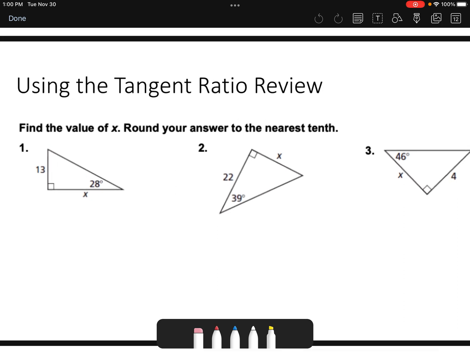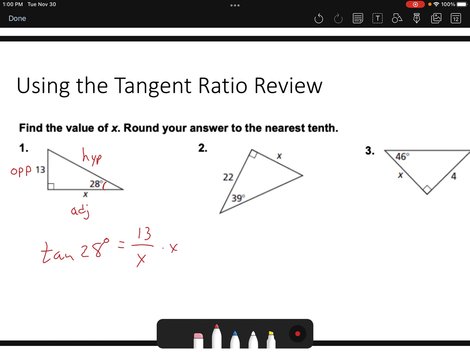So the first thing we need to do is just review the tangent ratio from last class. If I'm going to find x, here is our angle, 28 degrees. We know the hypotenuse is always opposite the 90. 13 is opposite, and x is adjacent. So the tangent of 28 equals opposite over adjacent.